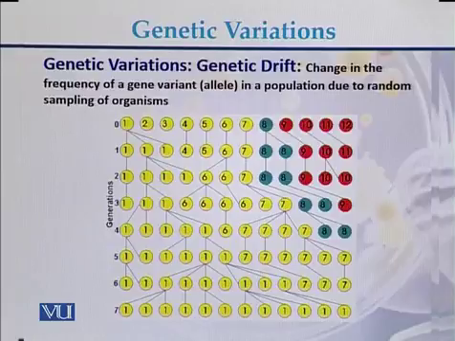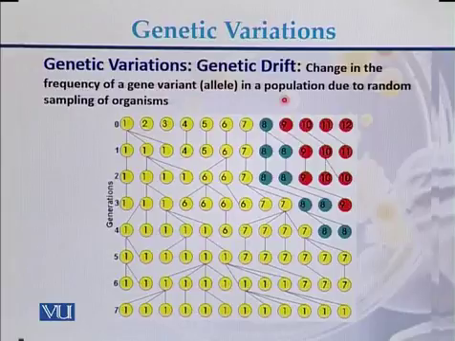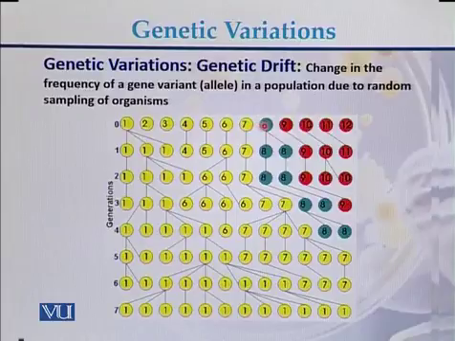The fourth type of genetic variation can be due to genetic drift. Genetic drift is a change in the frequency of a gene variant in a population due to random sampling of the organisms. In the first generation, we can see that there are 3 alleles. Allele 1 is marked with yellow, allele 2 with gray, and allele 3 with red.